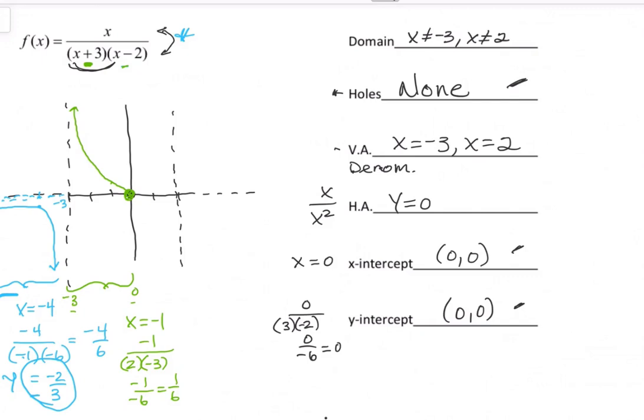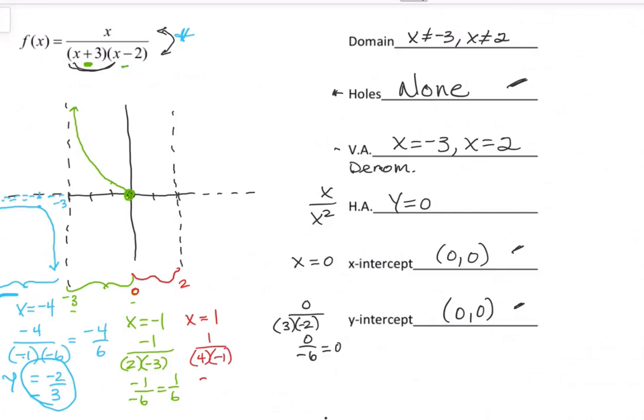So that moves us to the next test point. For my next test point, I need to test between 0 and that vertical asymptote of 2. So I'm going to test x equal to 1. If I plug that into the original function, I'm going to have 1 over, 1 plus 3 is 4, 1 minus 2 is -1.